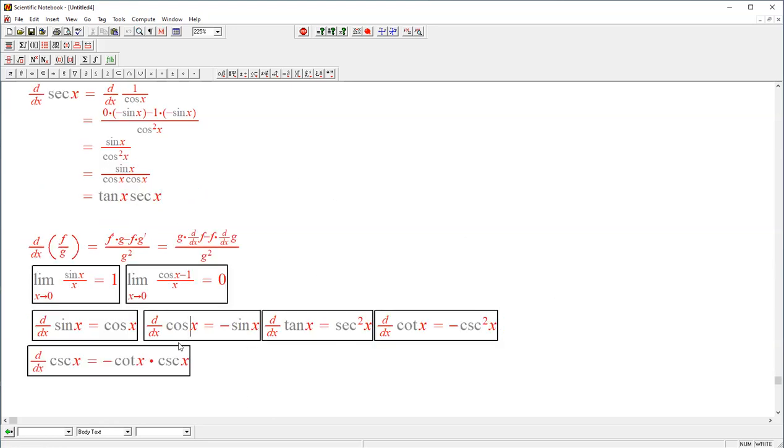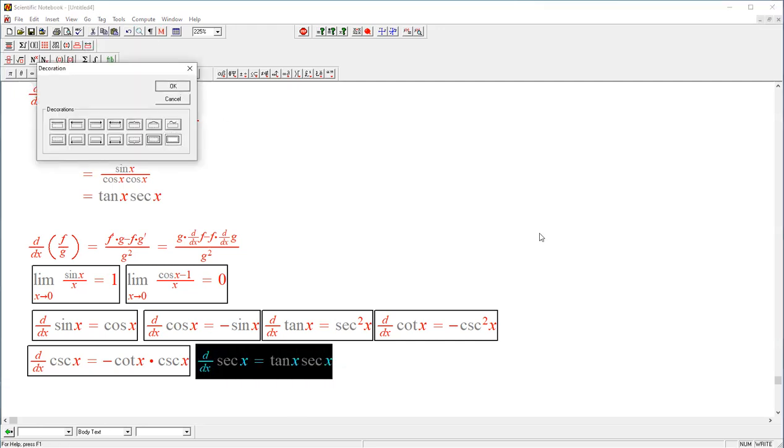So by this time, you have all the formulas. You really just have to know the derivative of sine and the derivative of cosine. And the rest takes you less than a minute to derive. So you never have to memorize them.